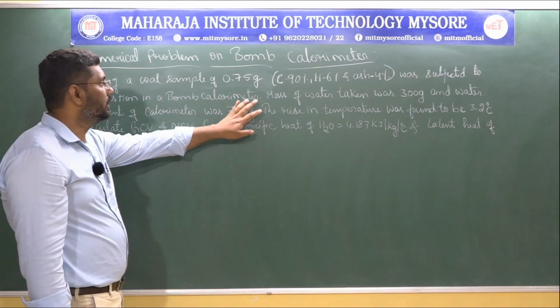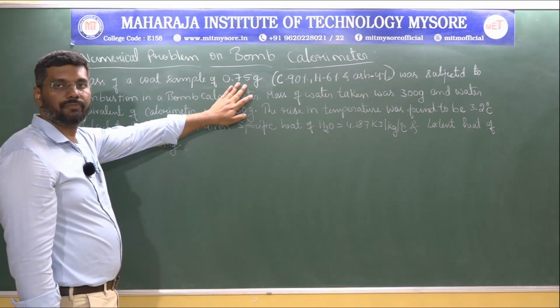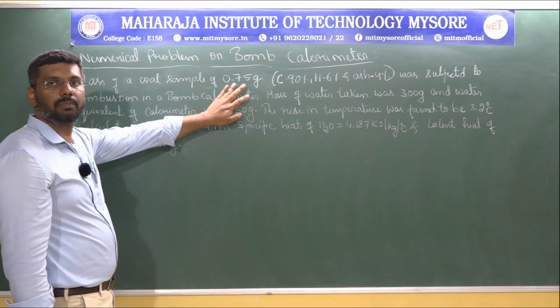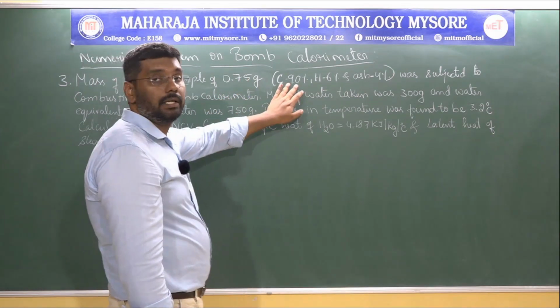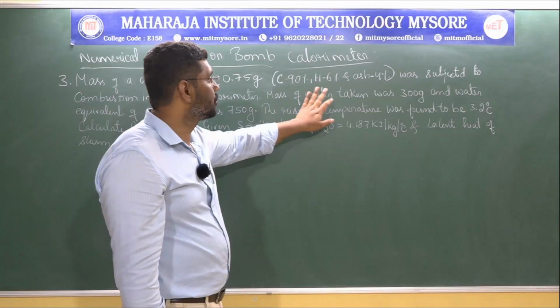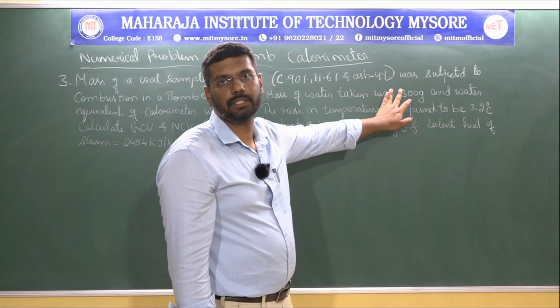So what he is telling, a known mass of fuel, that is coal sample of 0.75 gram is taken inside a bomb calorimeter, and this 0.75 gram contains carbon 90%, hydrogen 6% and ash as 4%.